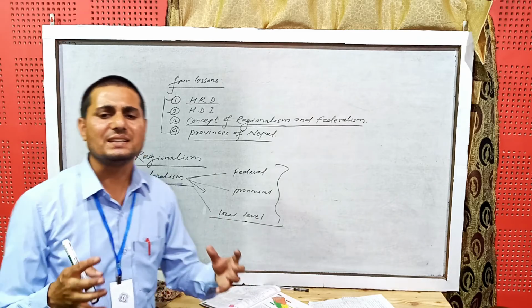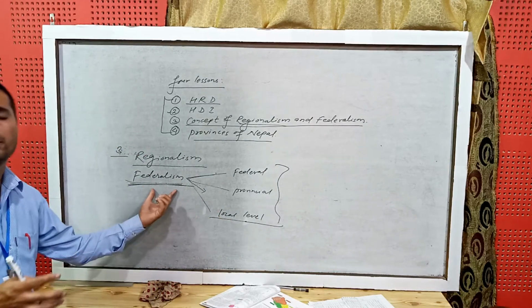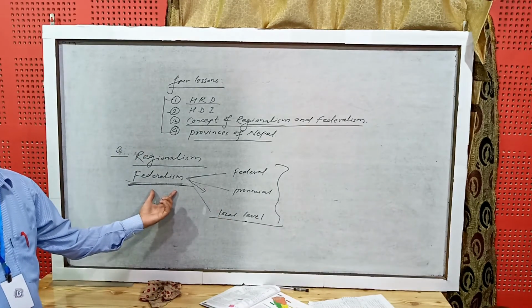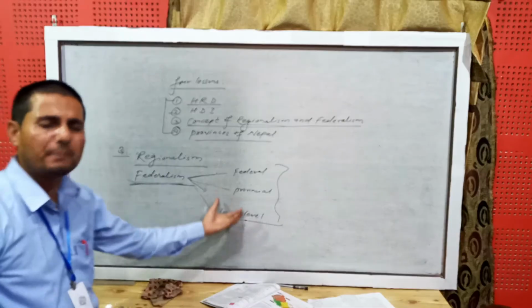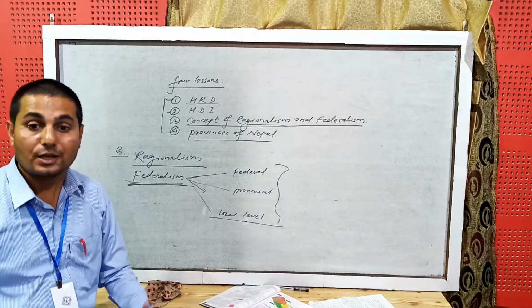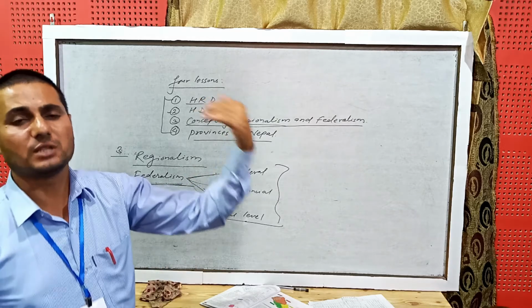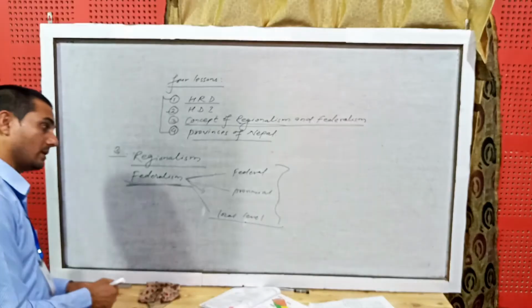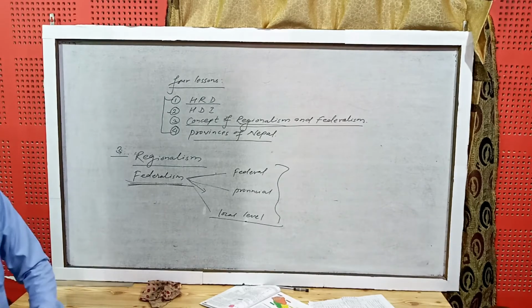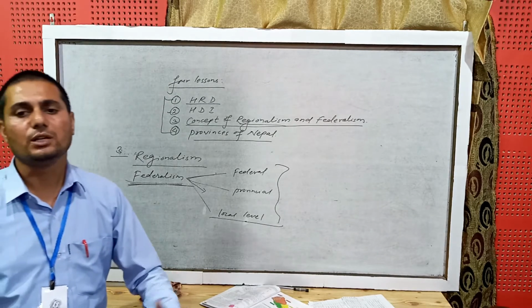Government expenses in a federal system of government are very high. But economically Nepal is poor, so it may not be suited. But regarding the decentralization of the state authority, federal system of government, or federalism, is the best governing system in the world.